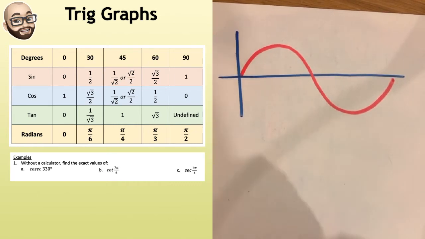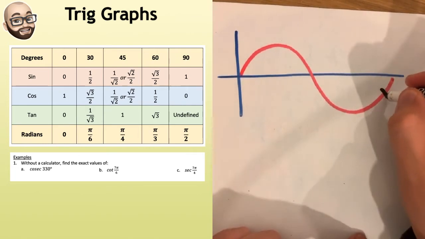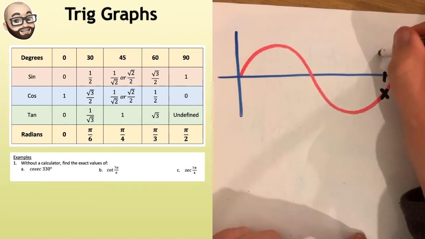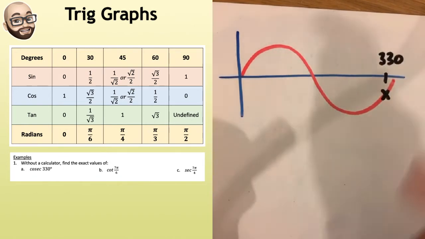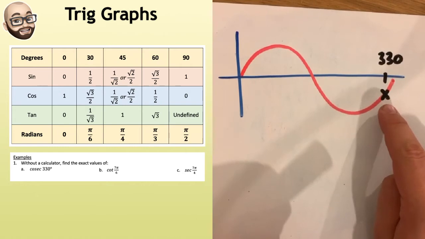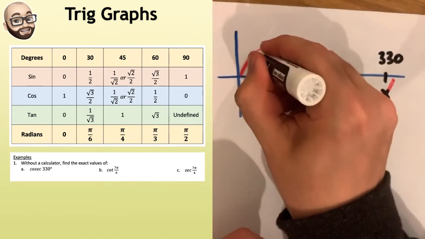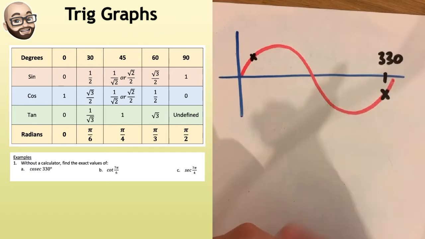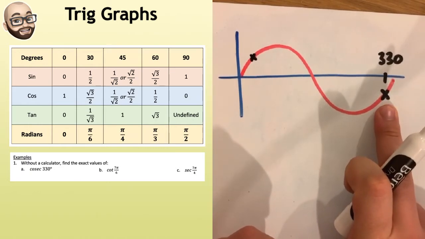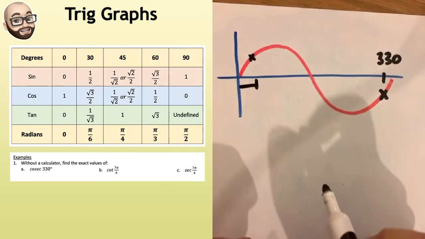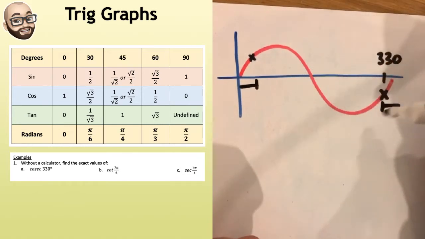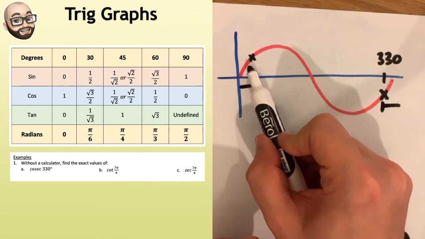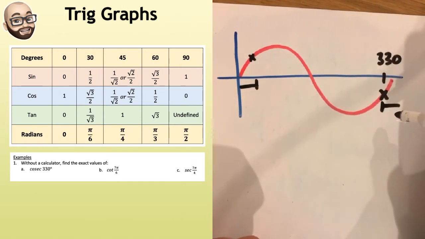What we want to work out is cosec of 330. So we want this number here. This is about 330-ish. And this number here is going to be the same as whatever sine 30 is, except this one would be negative. Because if this was a distance of 30, this is going to be a distance of 30. It's the same type of graph, but if this is going to be a positive answer, this one's going to be a negative one.